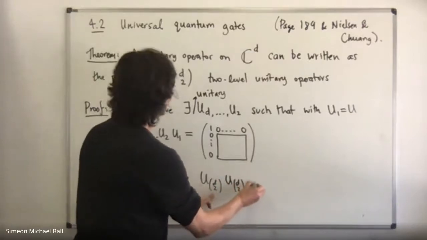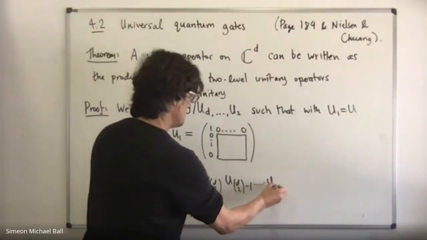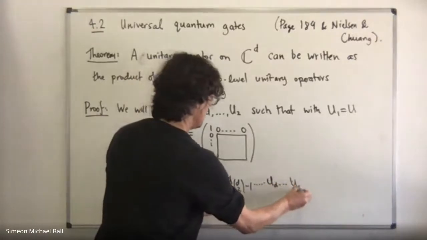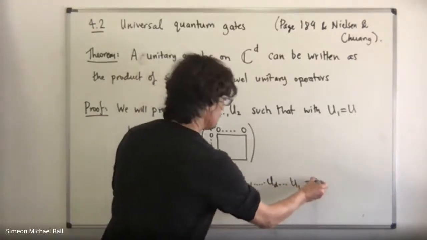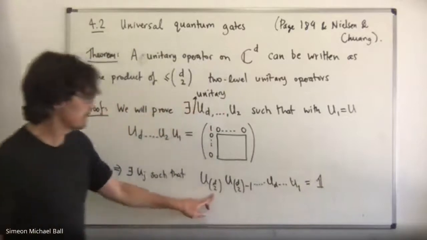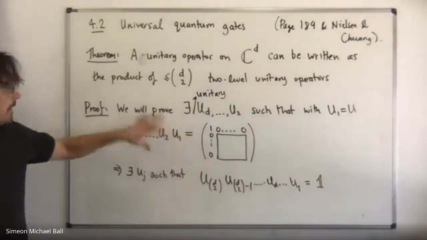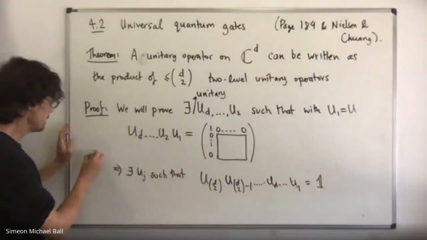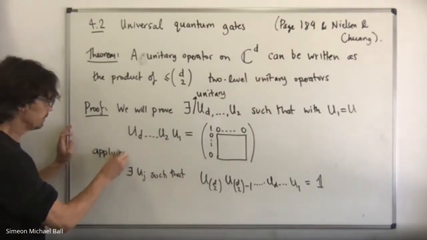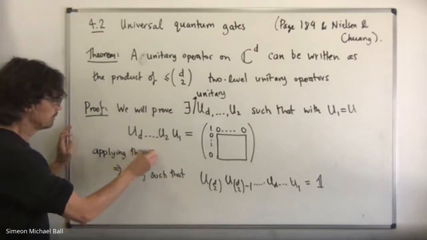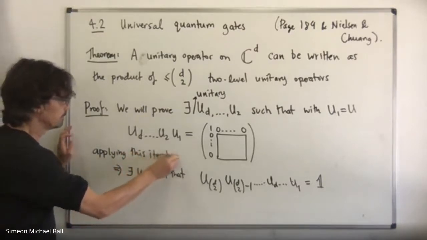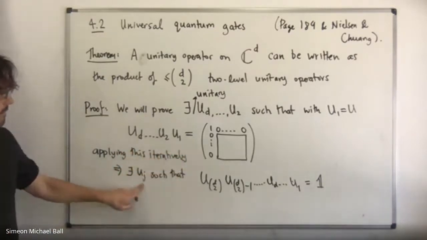Then U_{d choose 2} down to U1 is equal to the identity matrix. Okay, so I apply that iteratively. Applying this iteratively implies that there are Uj.